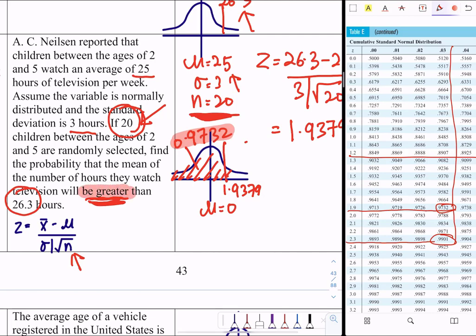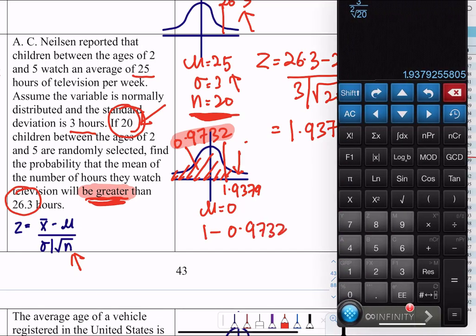They said greater than. When it is greater than, it involves the above. The area above will be 1 minus 0.9732, which is 0.0268.